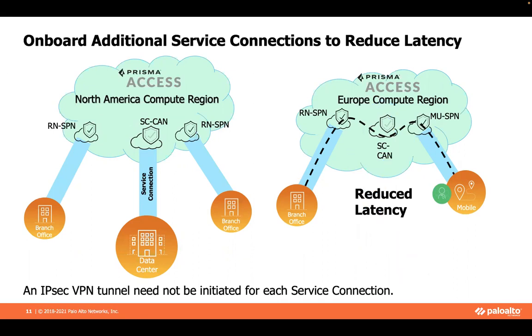For instance, we do have a service connection here in North America for, say, our authentication servers and things like that. Even if you're not using that corporate access node for a service connection, it makes sense to have them close by your mobile user base if they need to be able to talk to users in a remote network in a branch office.